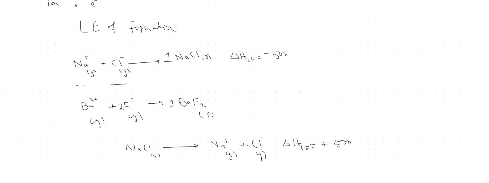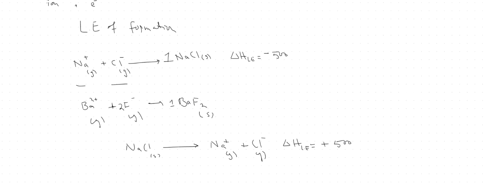Then we have the next thing, that's about the trends in the lattice enthalpies, like in the groups or in the periods. But before discussing that, we have to focus on what are the main things that decide whether the lattice enthalpy will increase or decrease in a group or a period.